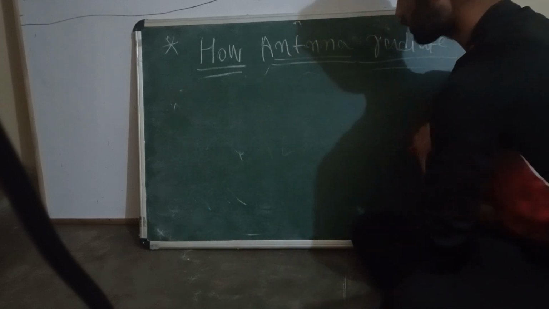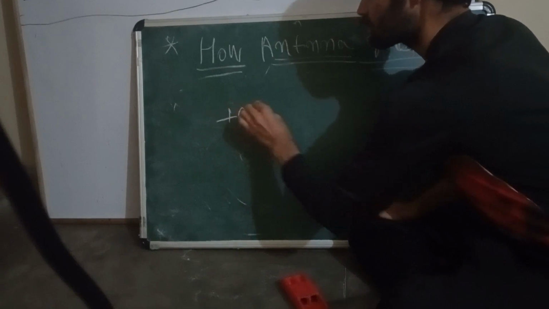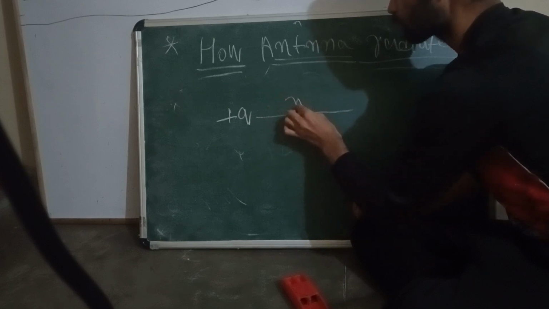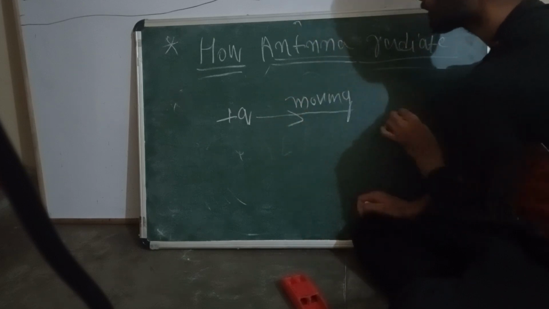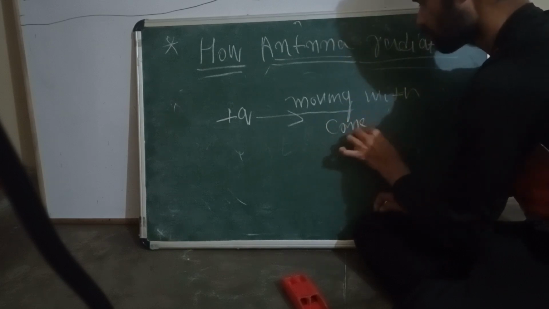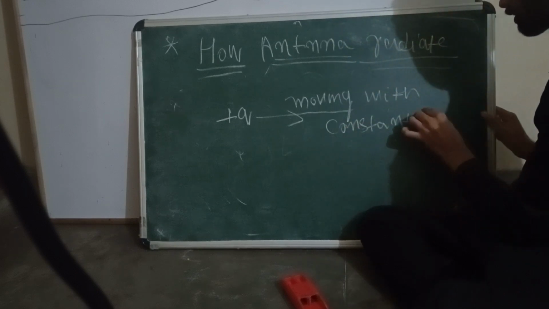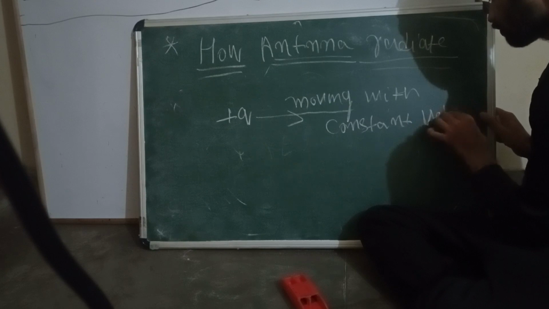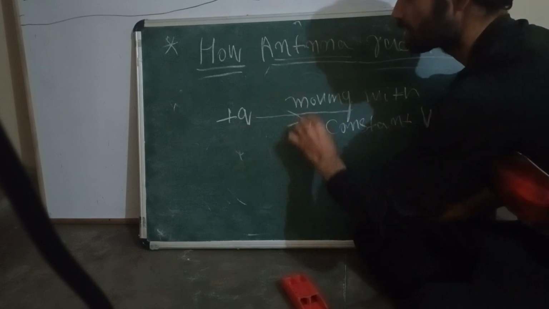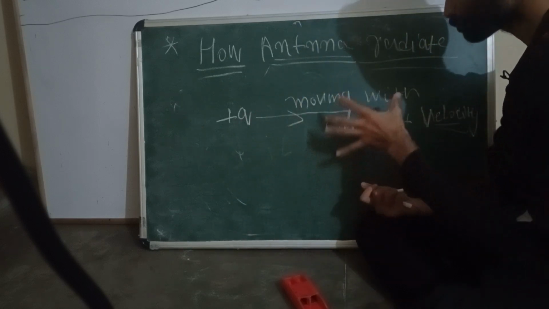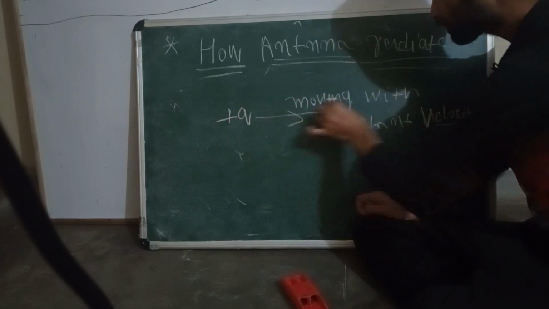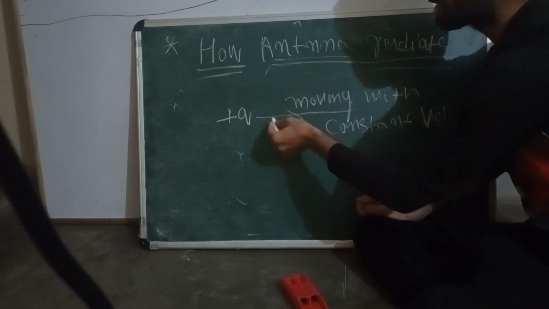Now if I say that this charge is moving with constant velocity, then there is a static magnetic field.